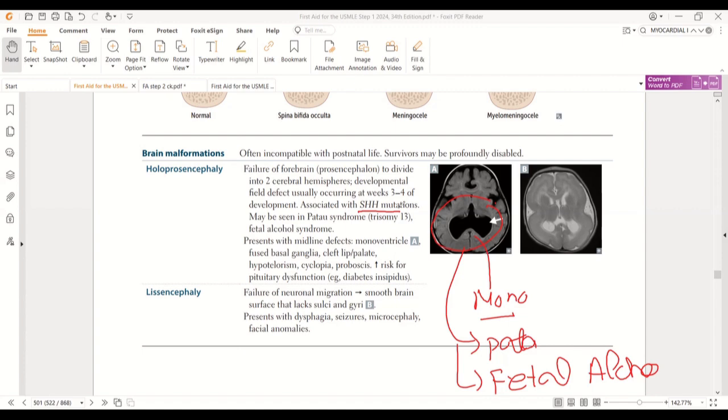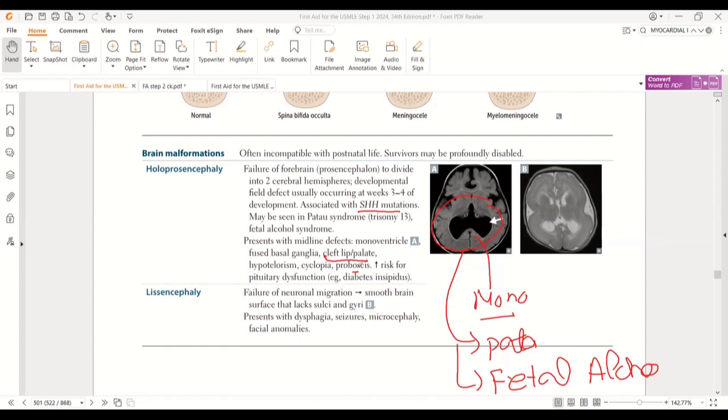So it presents with a midline defect, like cleft lip and palate; sometimes they give you this kind of clinical vignette. Hypotelorism is basically the abnormal distance between the two eyes, right? So cyclopia and proboscis, which is difficult to pronounce.